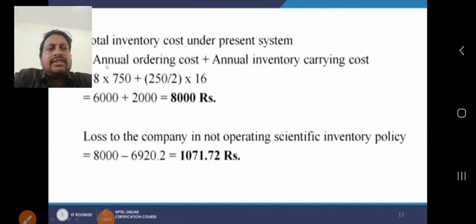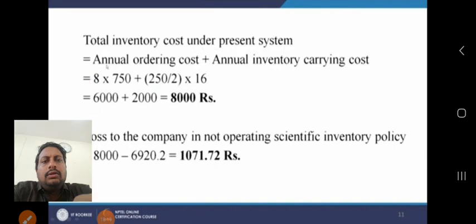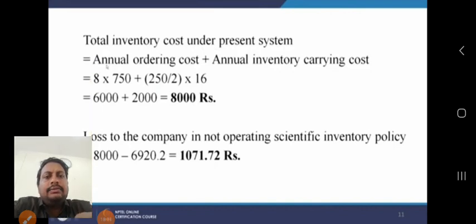It is the annual ordering cost plus the annual inventory carrying cost. We place the order 8 times, and each time the ordering cost is 750, so that is 6,000, plus the annual inventory carrying cost.